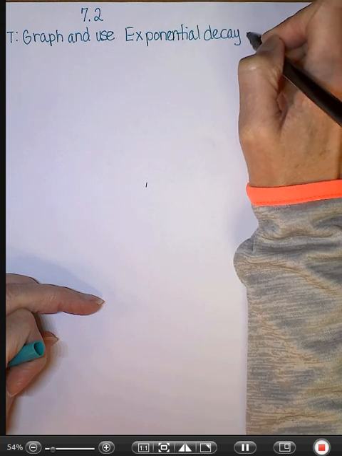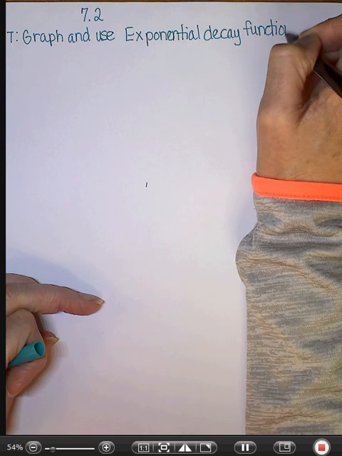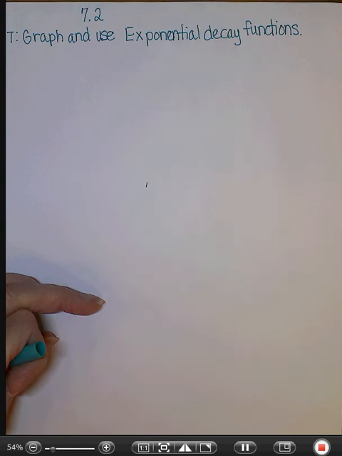In 7.1, we did exponential growth, and that shows a really fast growth, and this one is going to show the values decreasing because it's decay.